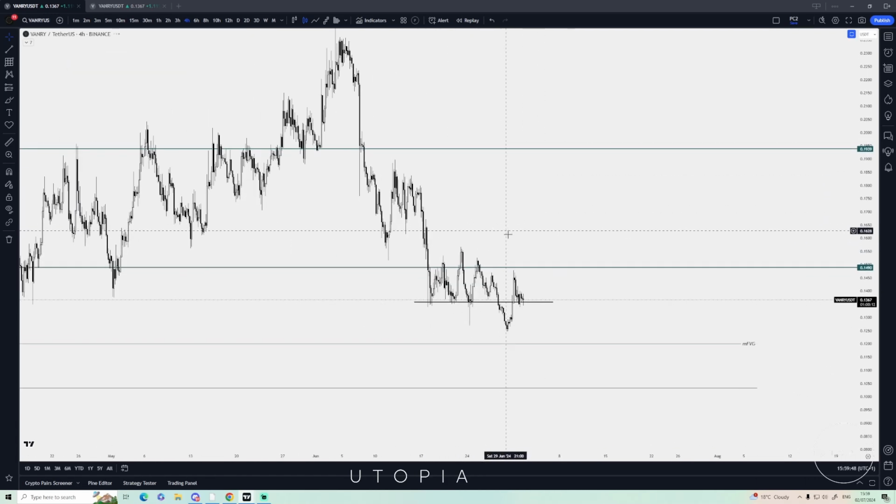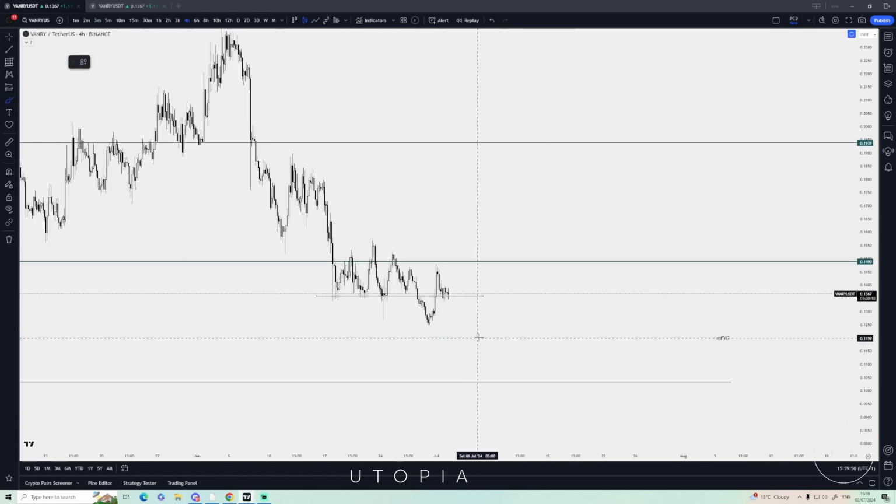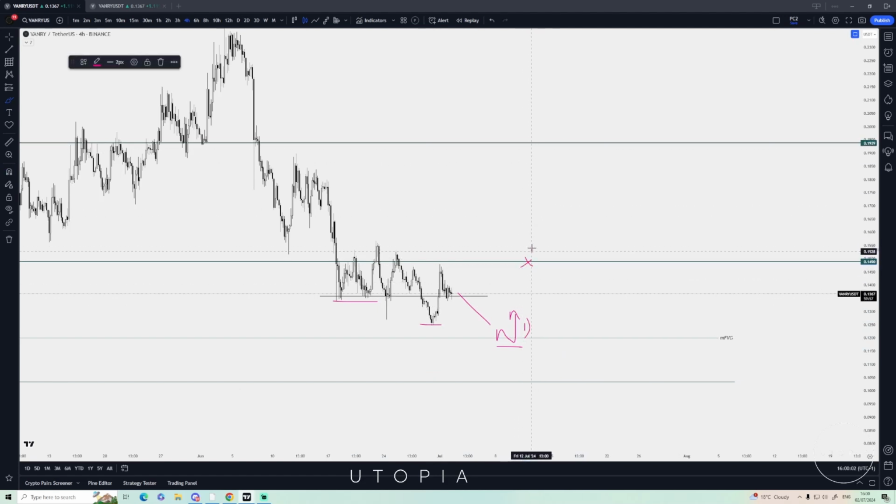So option 1: looking for a move towards that monthly fair value gap, 3 drive into the low, take a long or spot buys into this region, target here, and a flip above here, target 0.19. If this doesn't happen, then option 2: watch for a flip above 0.15, buy the reclaim, target the range highs.